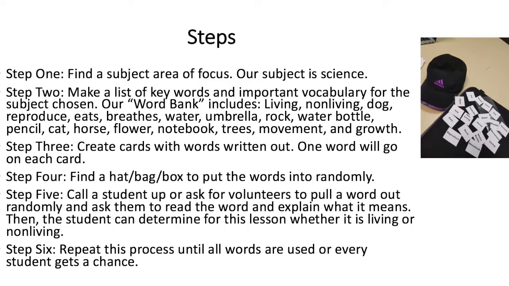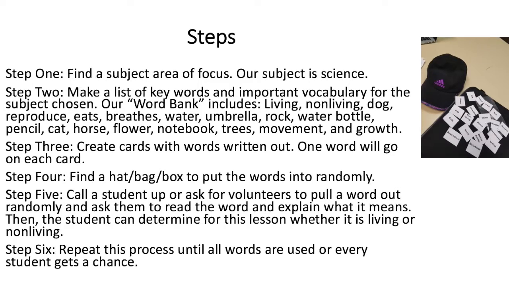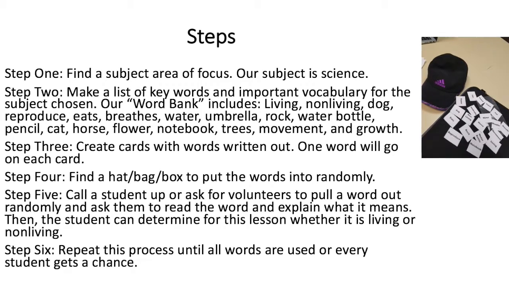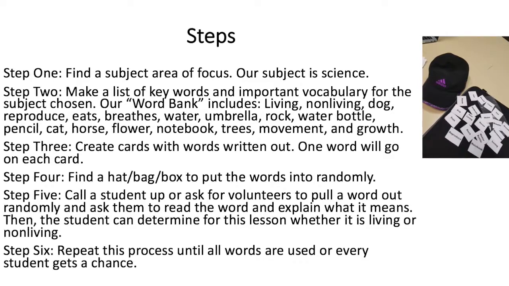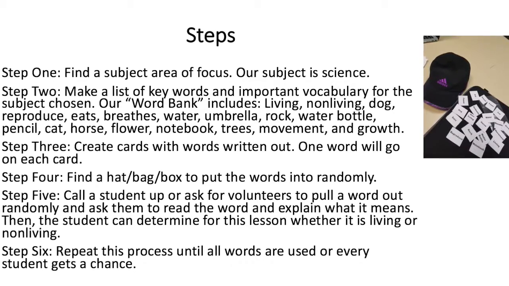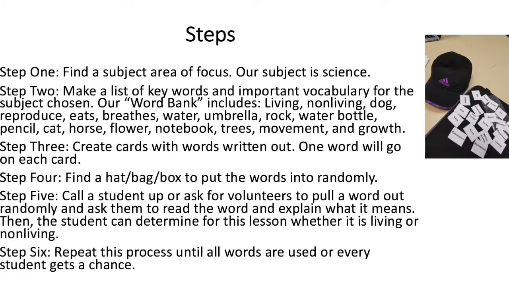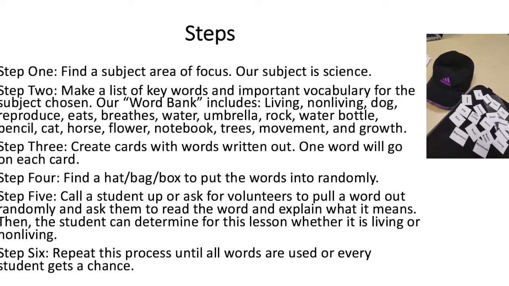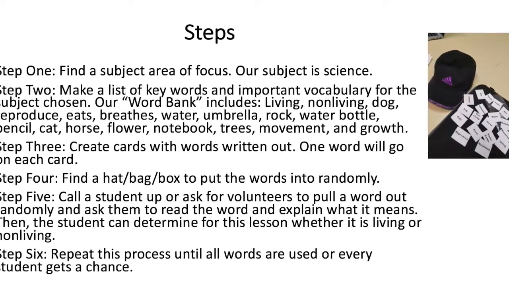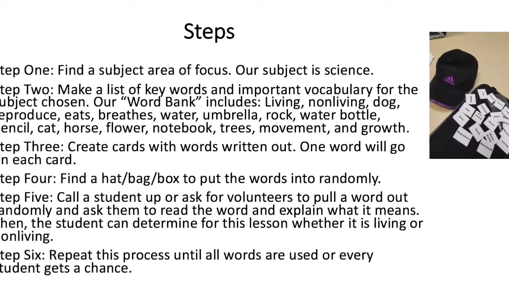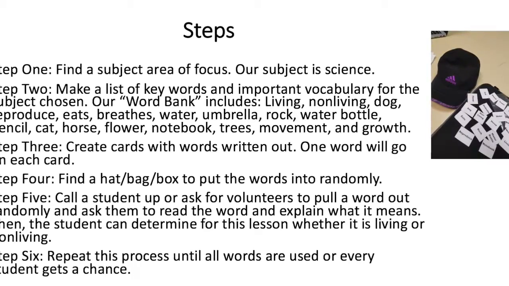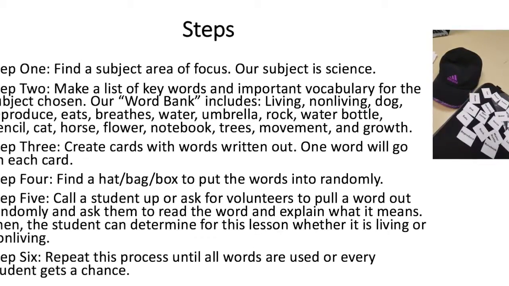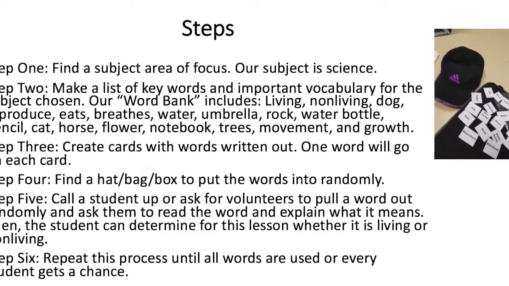And our step-by-step process for this strategy, so basically step 1 is you find a subject area of focus. So for us, it's science. Step 2, you're going to make the key list of words, and then step 3 would be to put them on cards. So we have little words on cards. And then step 4 is to put those cards in the bag, in the box, or the hat.